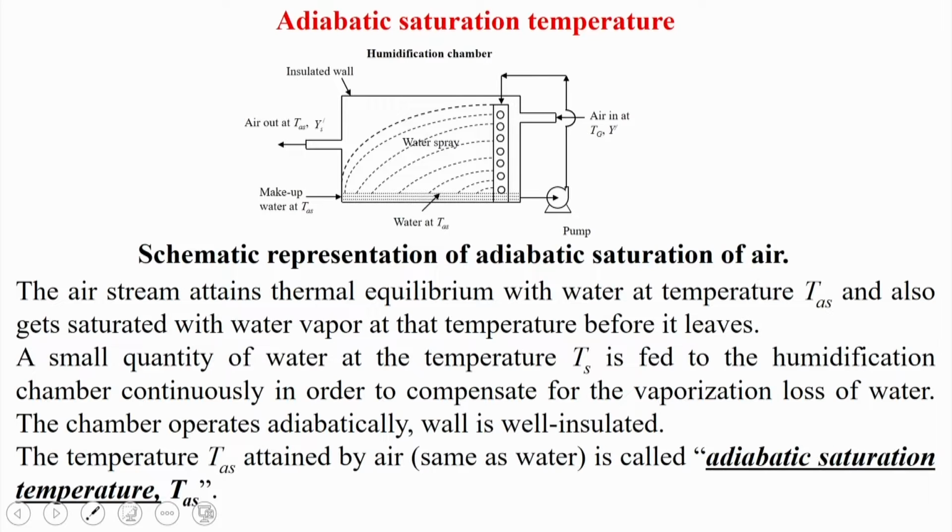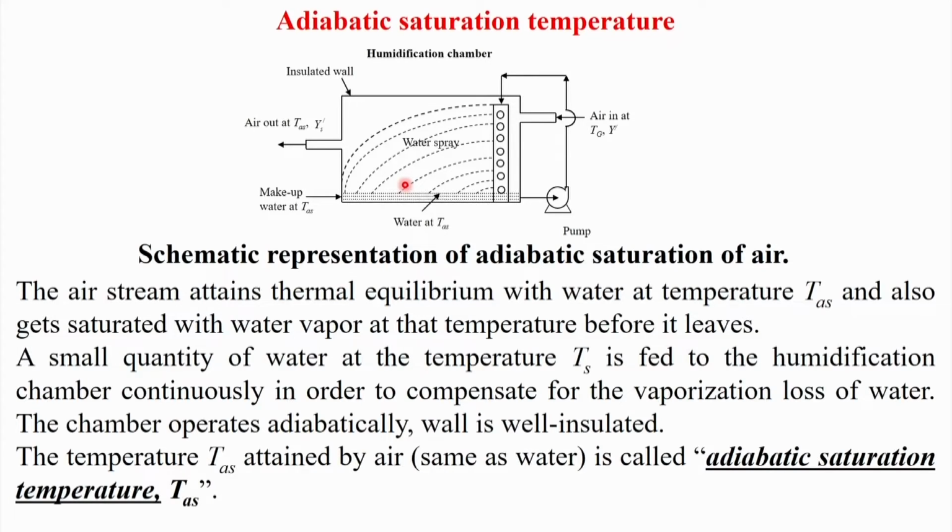Suppose air is entering from the right hand side at Tg, the gas temperature, with humidity y prime, and water is sprayed from a sprayer inside this humidification chamber. The entire chamber is maintained at, let us say, TAS.